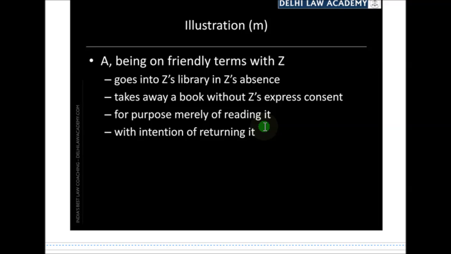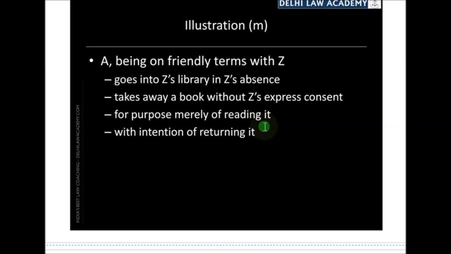The next one is this. A, being on friendly terms with Z, goes into Z's library in Z's absence, takes away a book without Z's express consent for the purpose merely of reading it with the intention of returning it. Here we find that A has taken the book out of Z's possession, that is from his library, without his express consent.